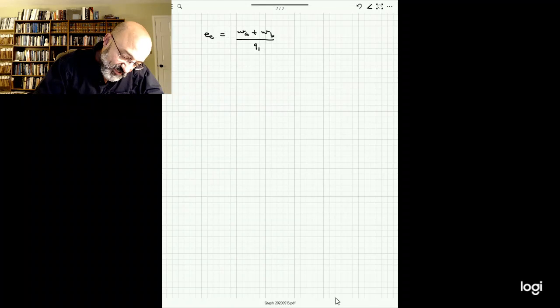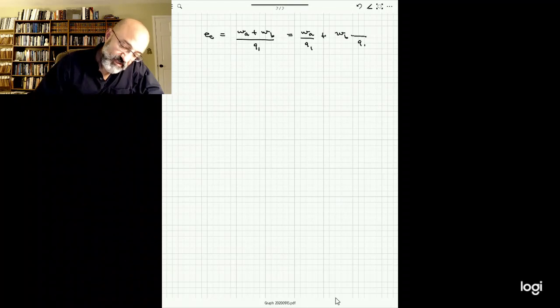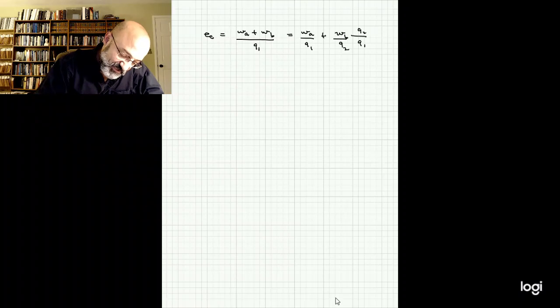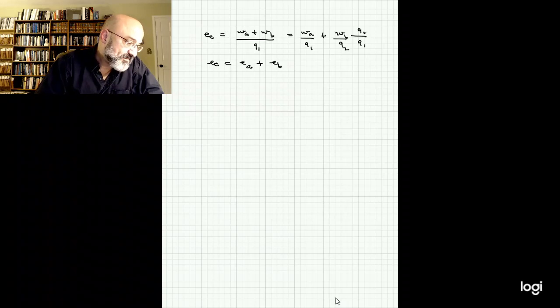This we can definitely write as WA divided by Q1 plus WB divided by Q1. If we multiply and divide the second term by Q2, we can write EC is EA plus EB times Q2 over Q1.